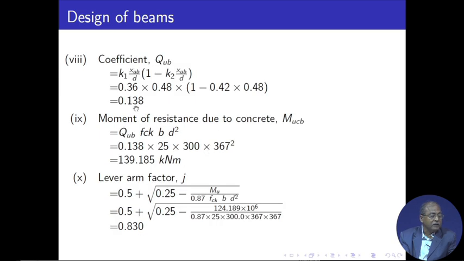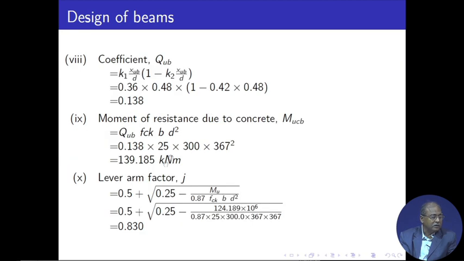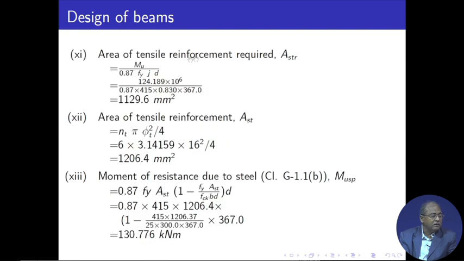So, 0.138, that is the one value. Moment of resistance due to concrete, 0.138 fck b d square, is 139, more than 124. So, it is all right. Lever arm factor j, 0.5 plus this particular one, we are getting this value 0.83. So, we are getting area of tension required 1129.6.